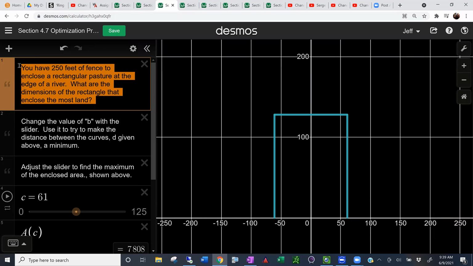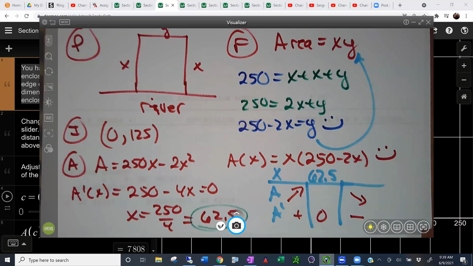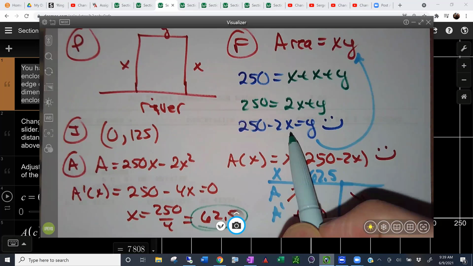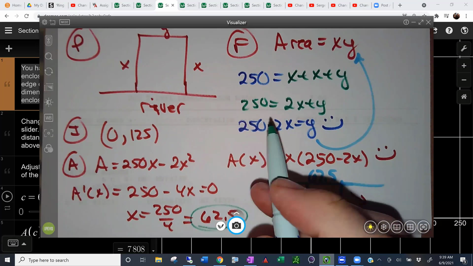So I actually should probably do a little bit more here because we have X is 62.5 feet one way. What will be the other way? So we take that value of X and plug it in here. And what you'll end up with is 62.5 times 2, subtracted from 250.